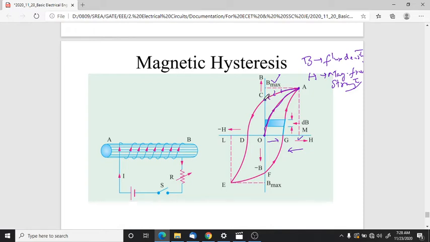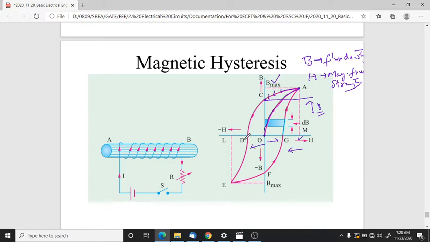This point is called coercive force. This is the flux density up to which the magnetic flux density will reduce, even when the force becomes 0. Now what will you do? To make the flux density 0, you have to apply some force in the negative direction.